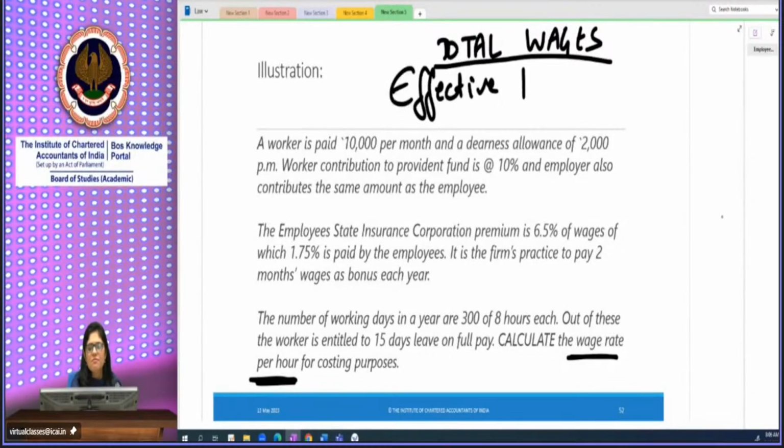That will give you wage rate per hour. So the first step is you have to calculate total wages. The second step is you have to calculate effective hours. And then you will come out to wage rate per hour. So just practice this question. Try to solve it. I'll come back after a break of 5 to 7 minutes.